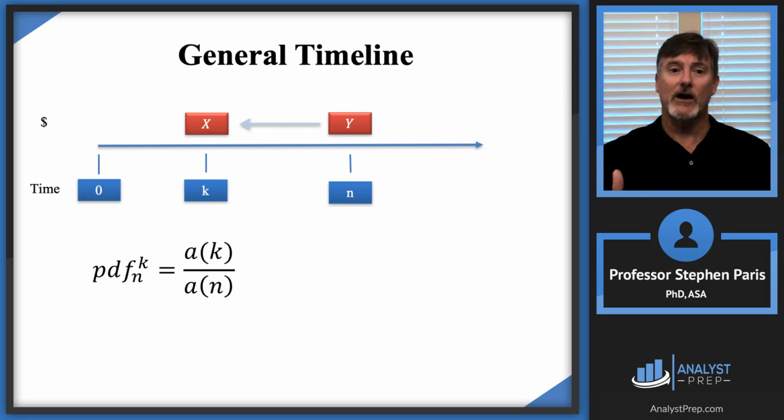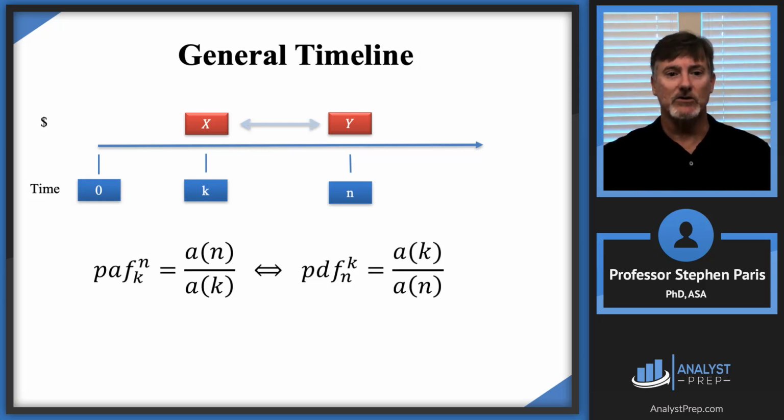If you're discounting from time n back to time k, you're still multiplying by the ratio of the accumulation functions, and the denominator is the a of the from value, and the numerator is the a of the to value. I'm going from time n back to time k, so I'm multiplying by a ratio: a of n in the denominator, a of k in the numerator.